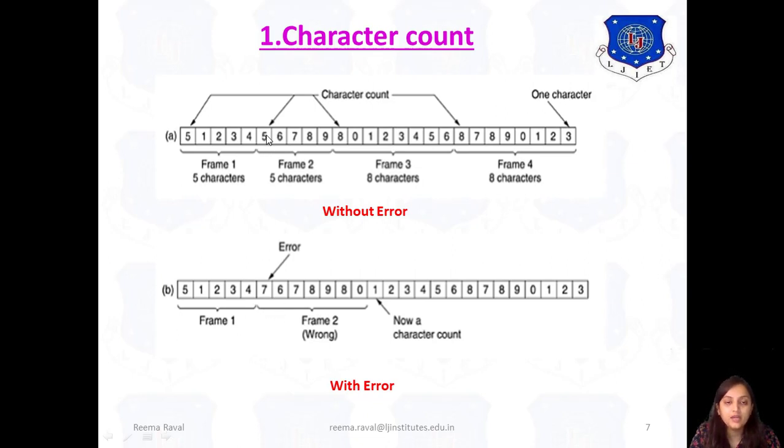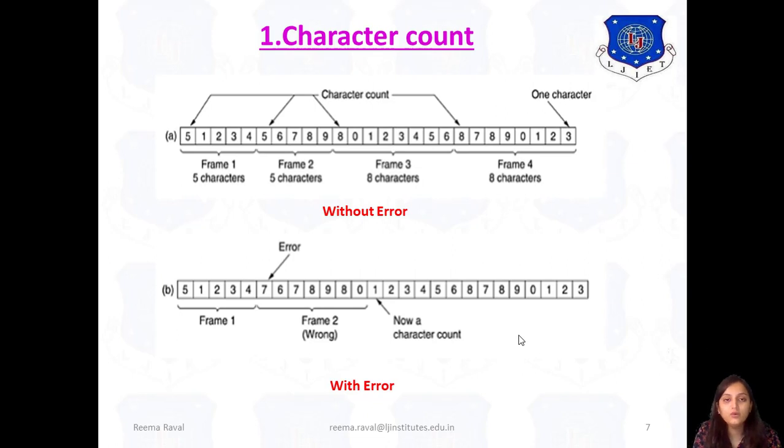Let's say it was 5 and due to some error it has changed to 7. So now what will the receiver understand? It will understand that the next frame, that is frame number 2, has 7 slots, but actually it had 5 slots, right? So here all the upcoming frames will be received incorrectly. Alright, so this is the case with error in character count. Okay, so this is the main or biggest problem in the character count method.